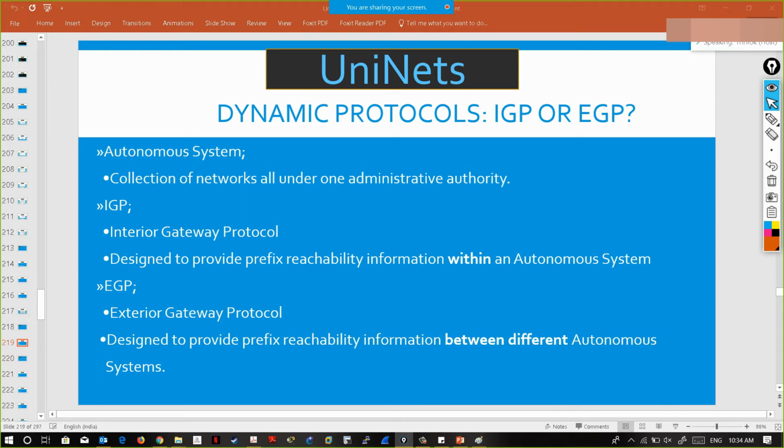Their AS number is 100. For example, you are accessing a server whose AS number is 200. Reliance is 300. Your friend is sitting there.